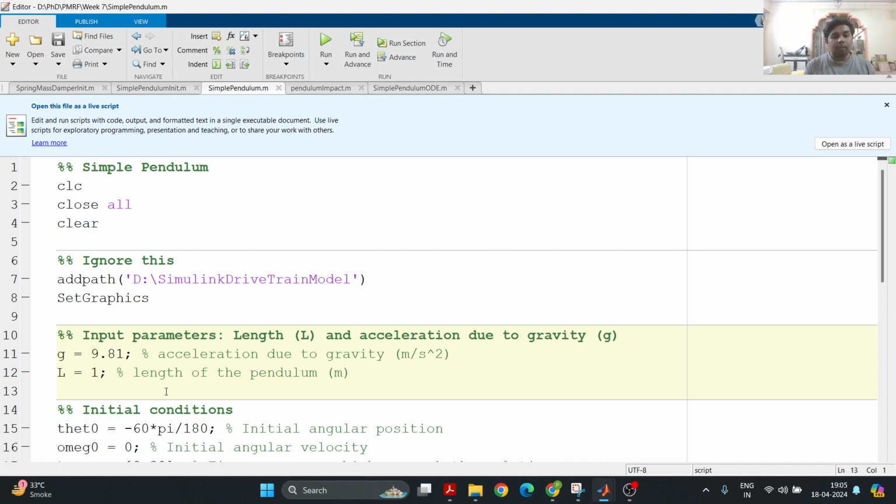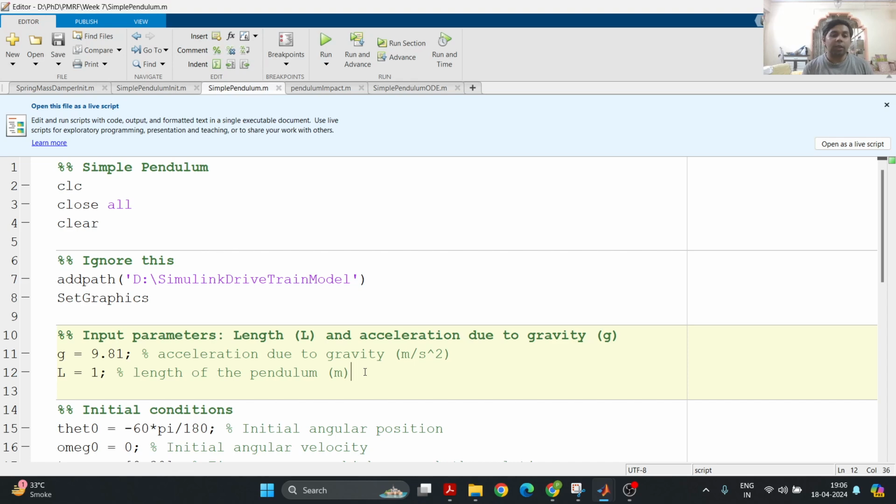First of all, we have to define the input parameters. In case of the simple pendulum, it will be mainly just the length of the pendulum and the acceleration due to gravity, if we neglect any damping or anything like that.